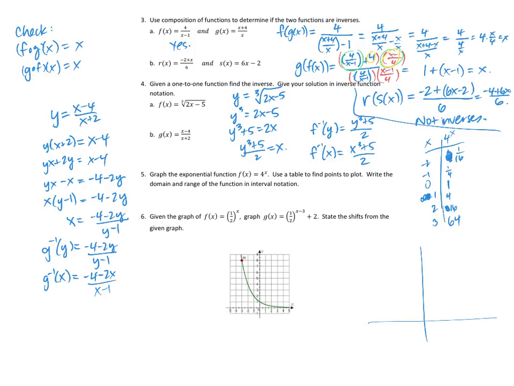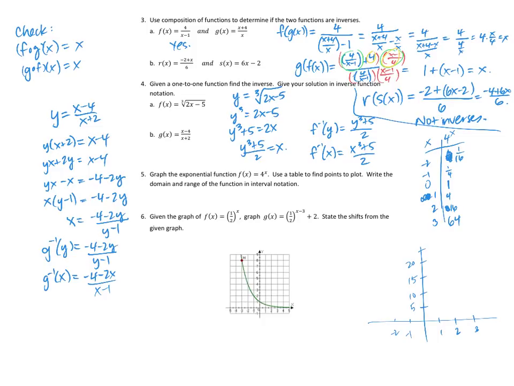Okay, so I'll just graph 1, 2, 3, and then I'll put on here 5, 10, 15, 20, and so on, and then negative 1, negative 2.